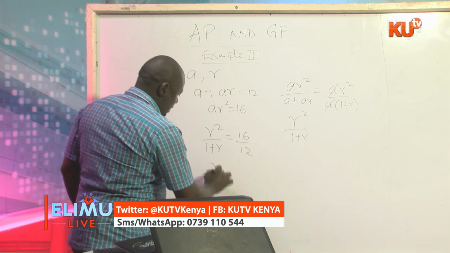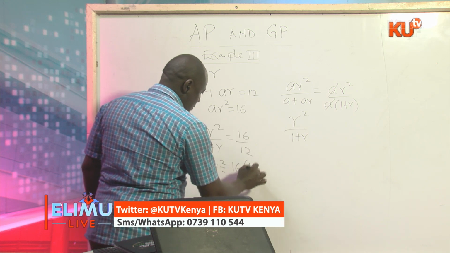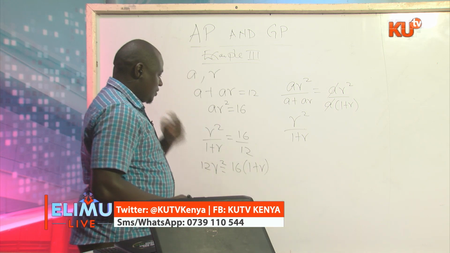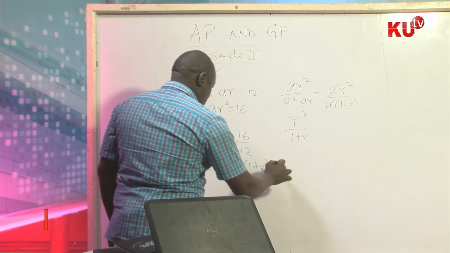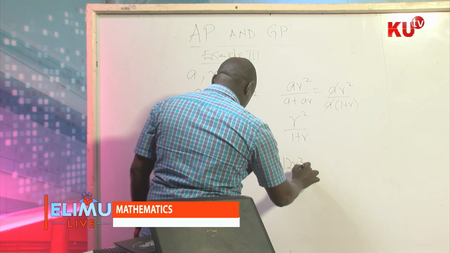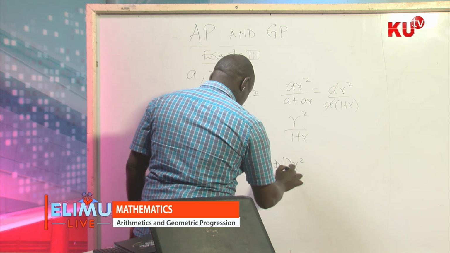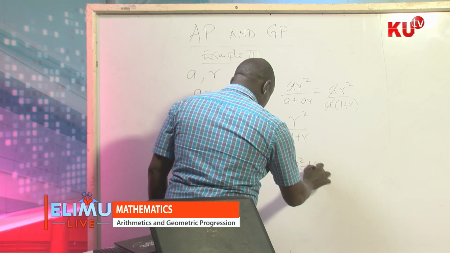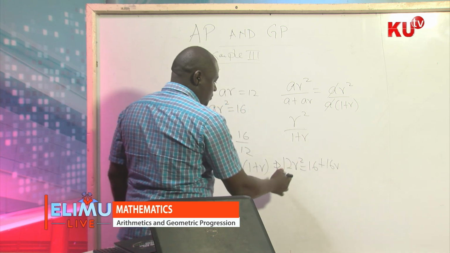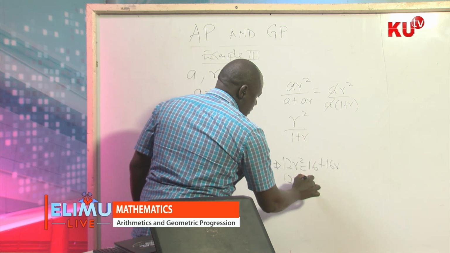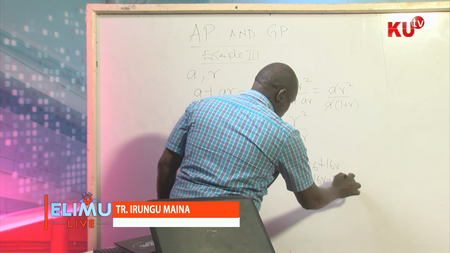We have 12R squared equals 16 into 1 plus R. Now we open the bracket, and we end up with 12R squared equals 16 plus 16R. We bring all this to this side: 12R squared minus 16R minus 16 equals 0.